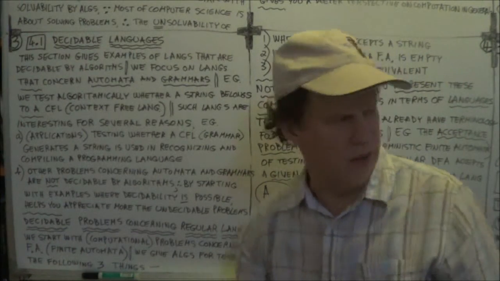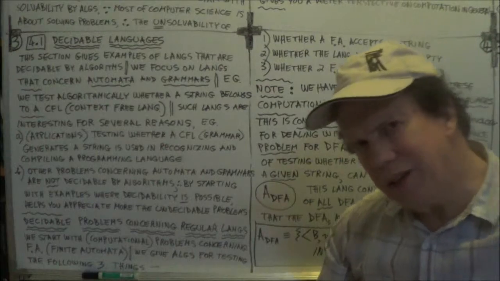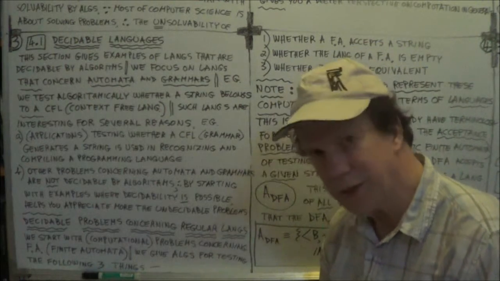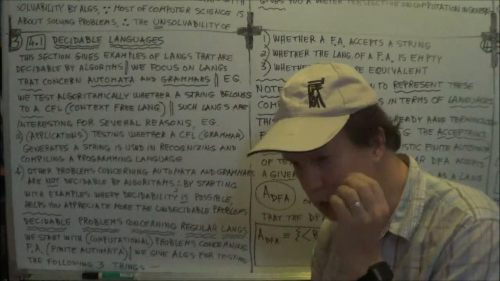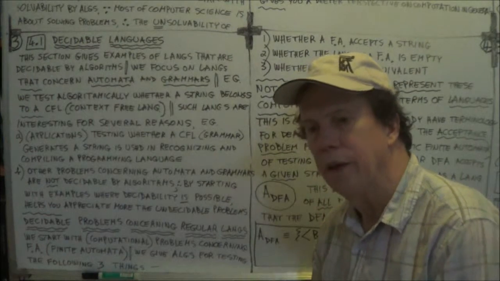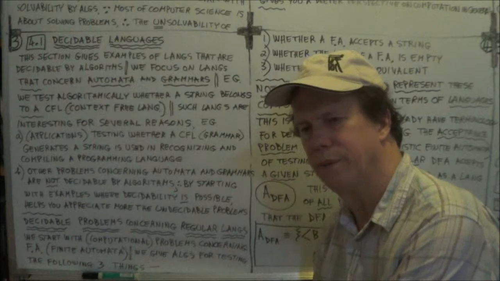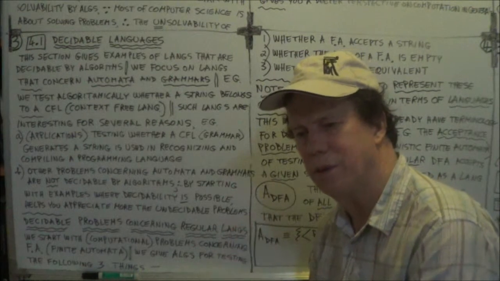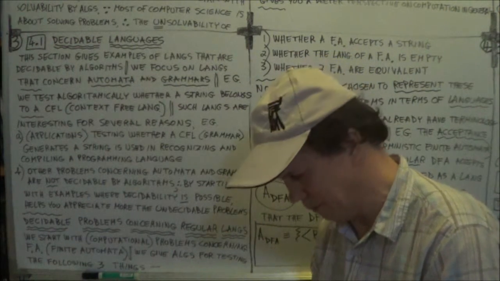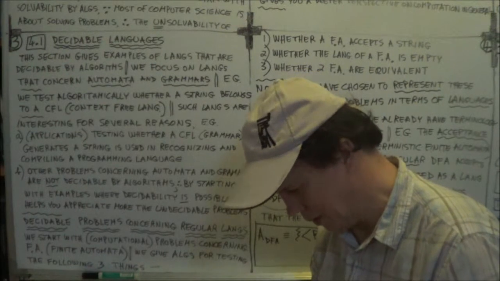Let me check. I think there are like 9 theorems doing this kind of thing, where we take a particular problem and translate it into a language problem, membership of a language.